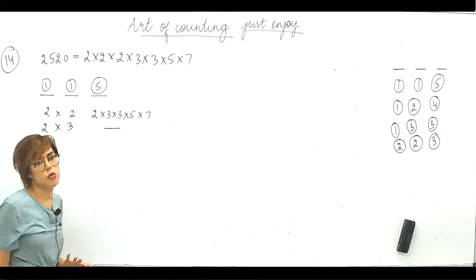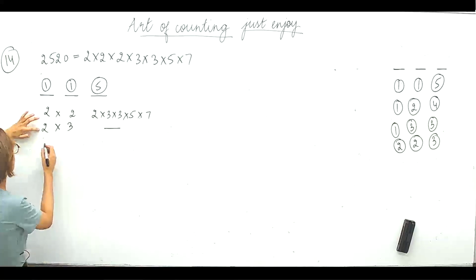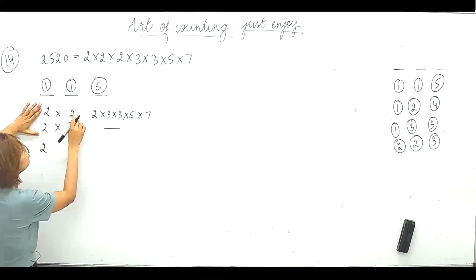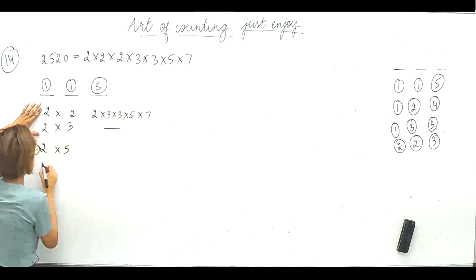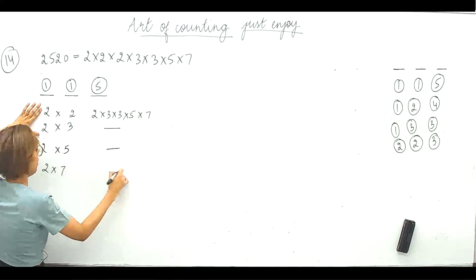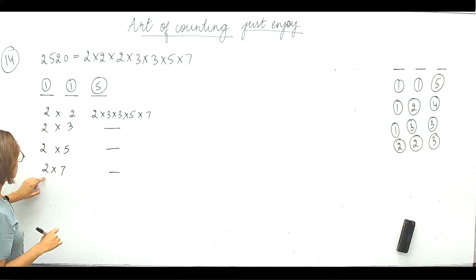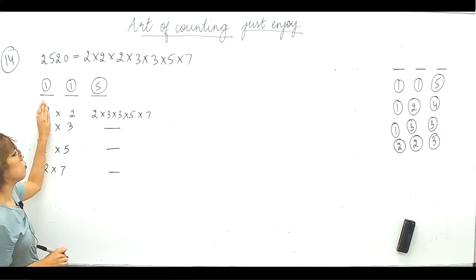And I don't think you should write it because it's not required. You just need to count. That's it. So again 2. Now instead of 2 is done, 3 is done, 5. 2, 5, right? So 2 into 5 is this. Then 2 into 7. Again, right? So I have exhausted the numbers, or I have exhausted starting with 2, 1.